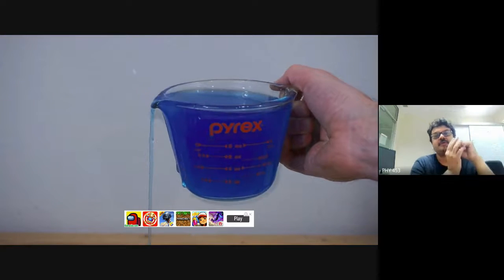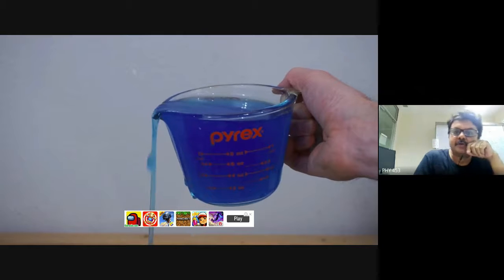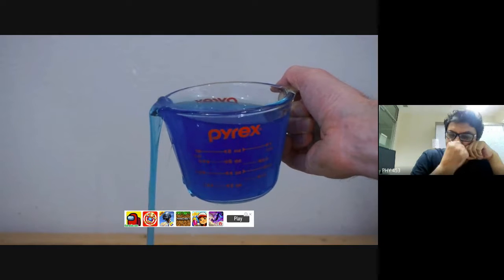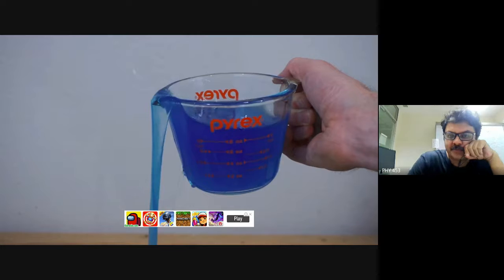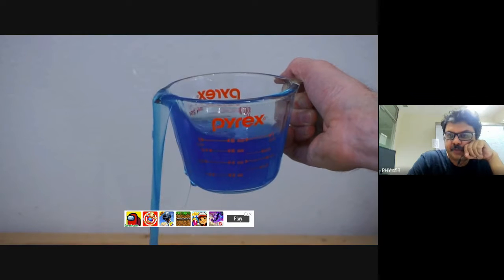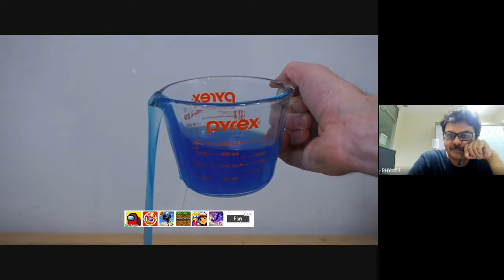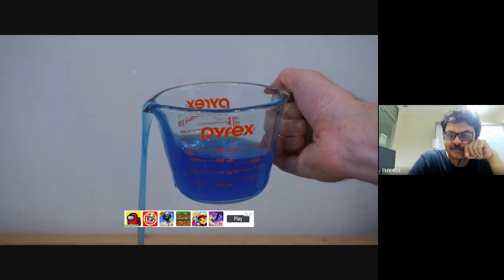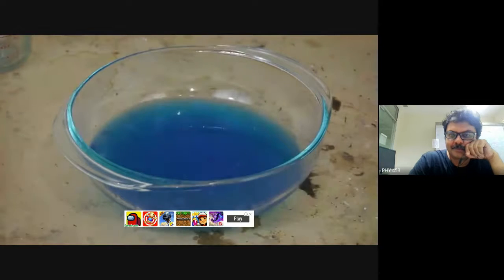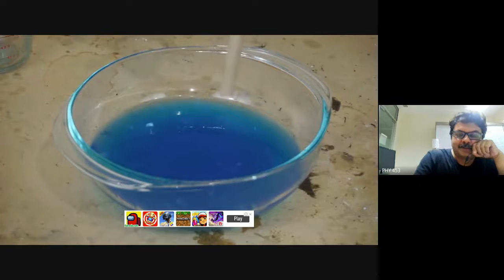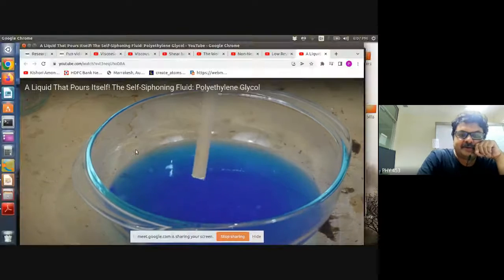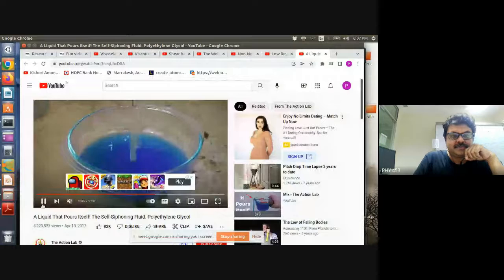So this is a non-Newtonian fluid flow, right? And this is a Weissenberg effect, but I'll show it in another video.